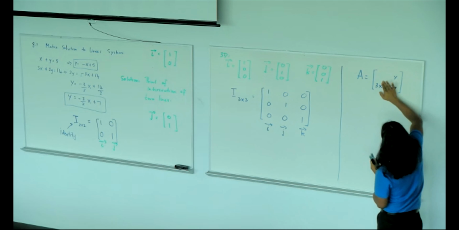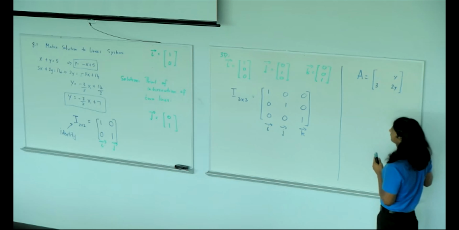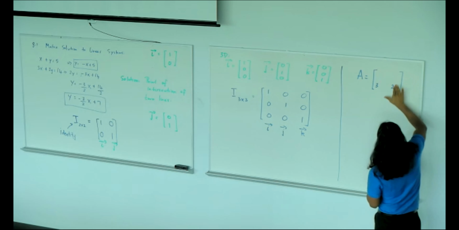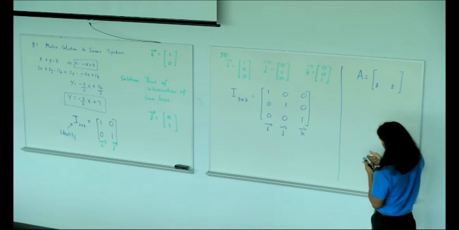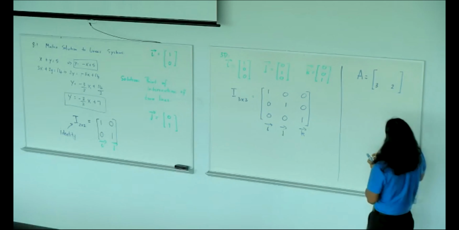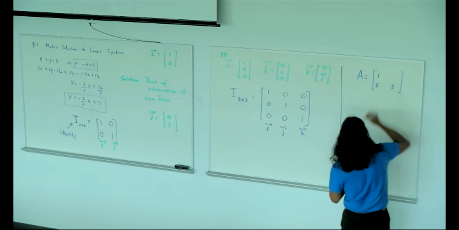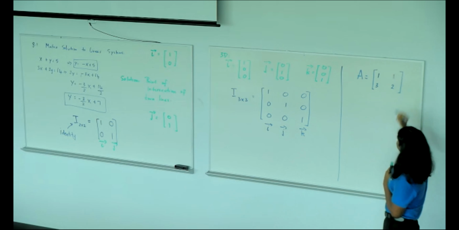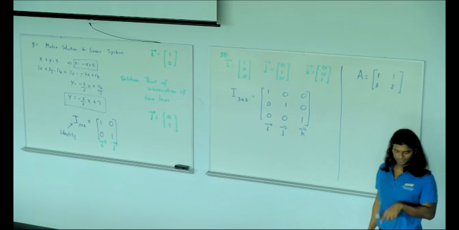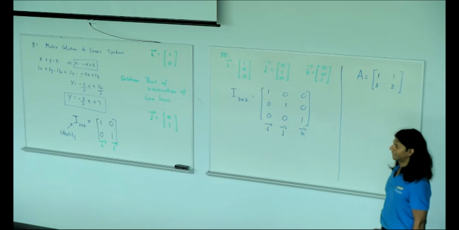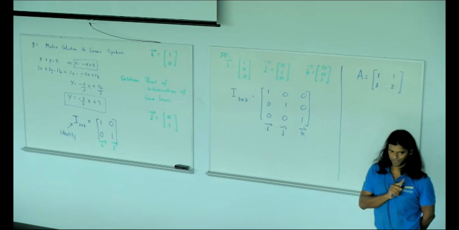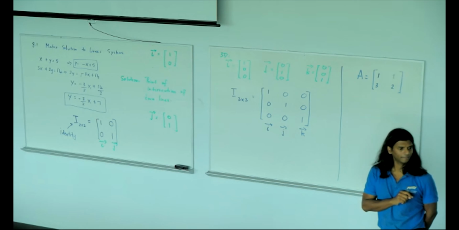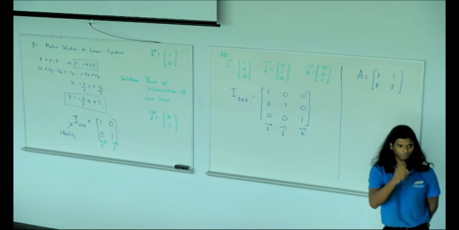So I'm going to get rid of the x, get rid of the y. So the coefficient of x is 1. Then I have 1. So 1, 3, 1, 2. Good. All I did was pick the numbers out. Okay.